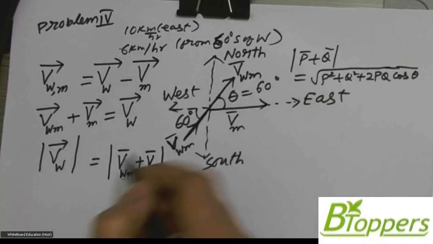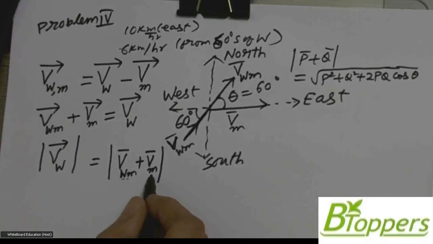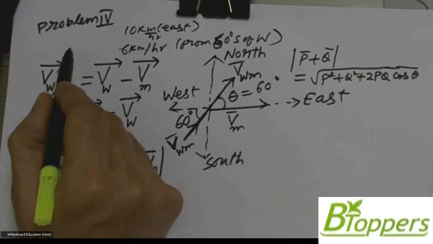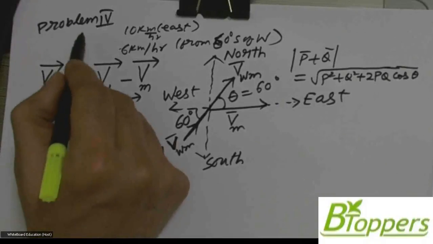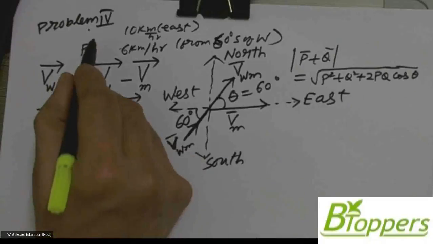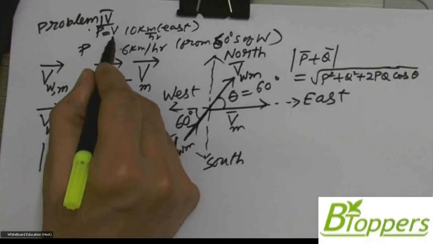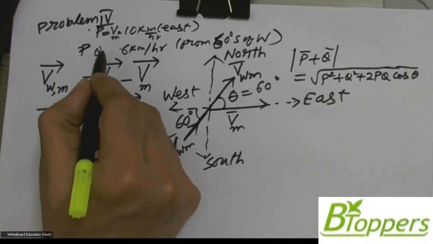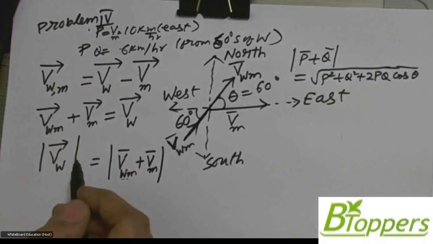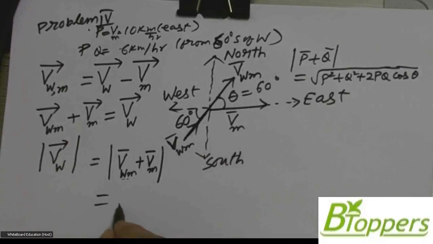Here instead of P bar you have V bar subscript Wm. In place of Q bar you have velocity of the man. That means here P can take one of them equal to velocity of the man 10 km per hour, Q equal to 6 km per hour. The angle theta between the two vectors is 60 degrees.